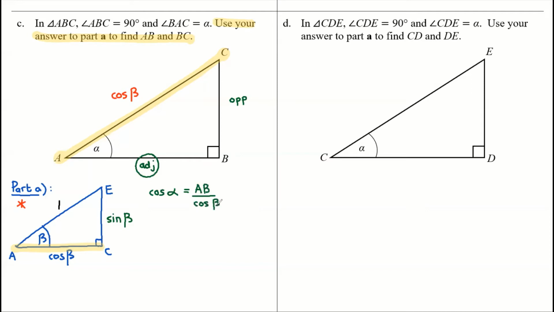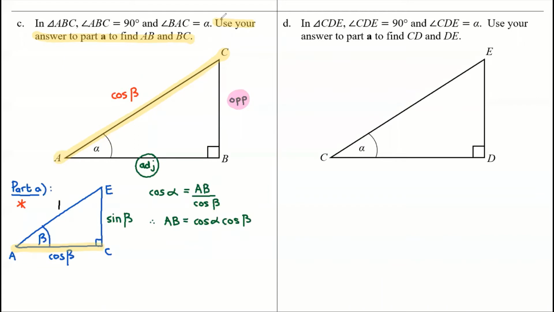All right, now a little bit of rearranging. We now have that AB is going to be cos alpha, because I'm going to do it in alphabetical order, cos beta, the product of those two. So that's good. So we've got that. And then for the opposite side, which is obviously here, we're going to be using sine.